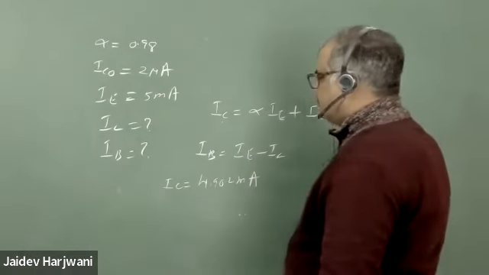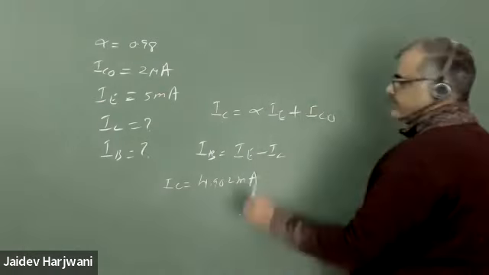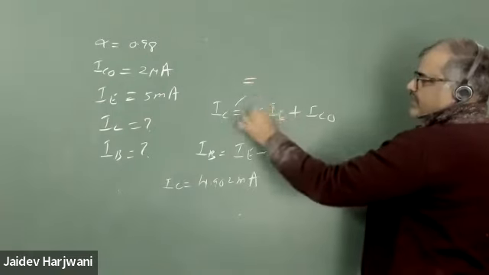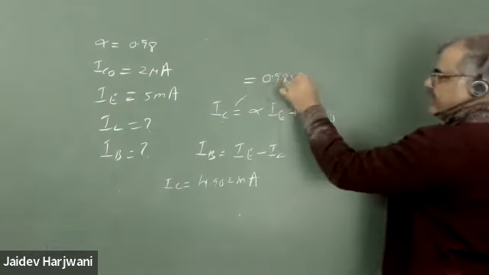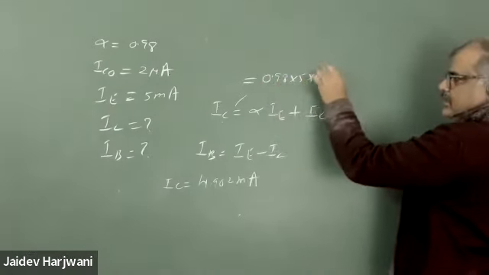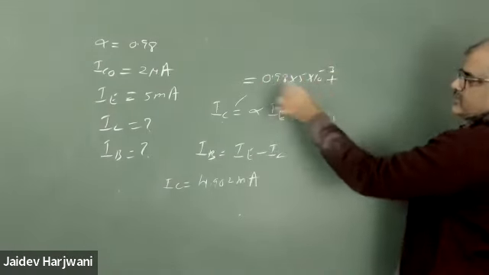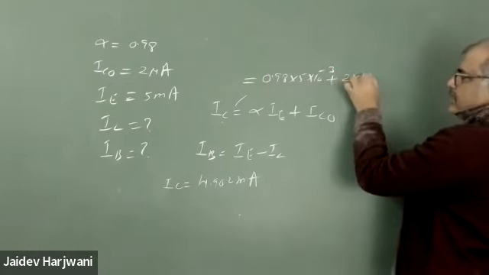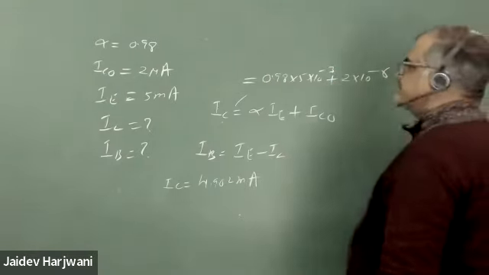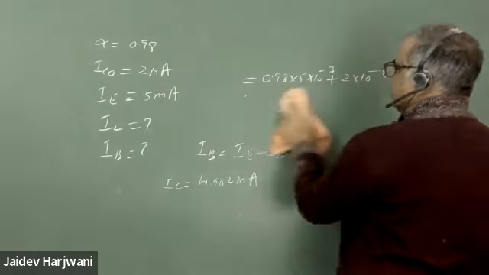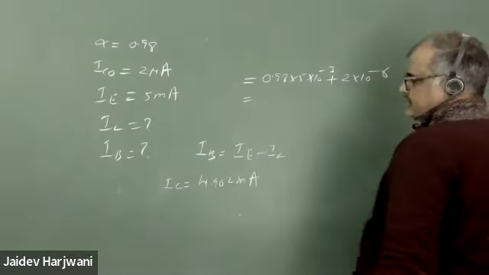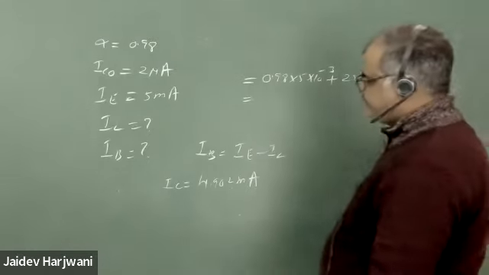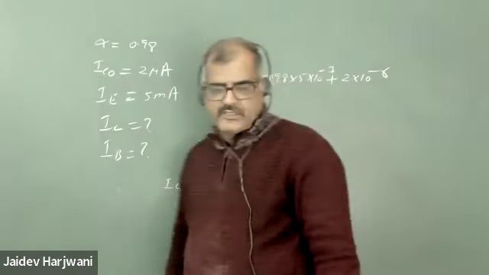Or do I need to solve it? You have alpha as 0.98, IE as 5 milliampere, and ICO as 2 microampere. So what will be the value? It should come like this only. Is it coming or not?